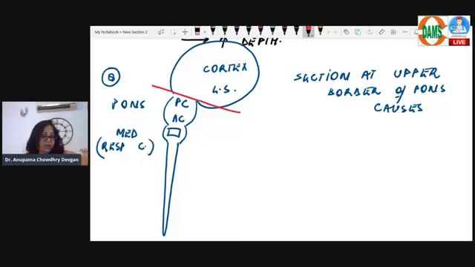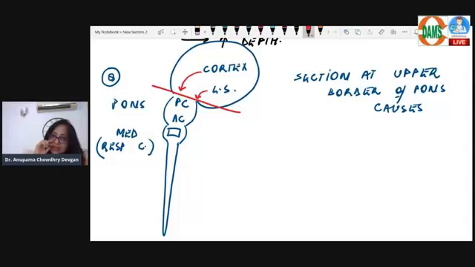That means the limbic system cannot send impulses to the respiratory center. The cortex cannot send impulses to the respiratory center. You've made a section at the upper border of pons, right?